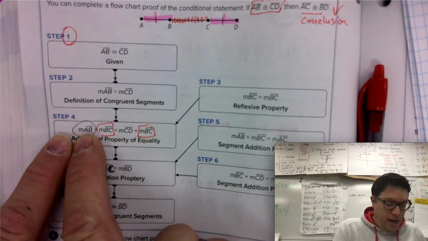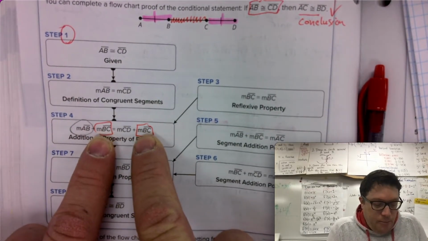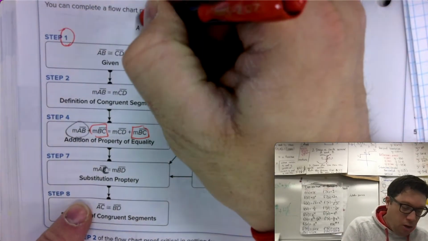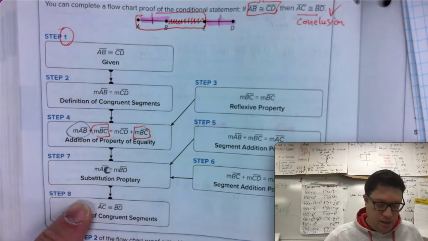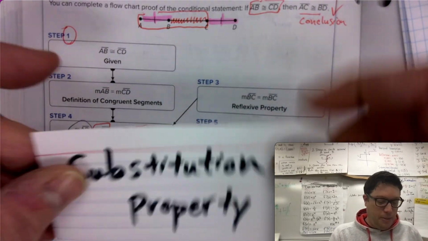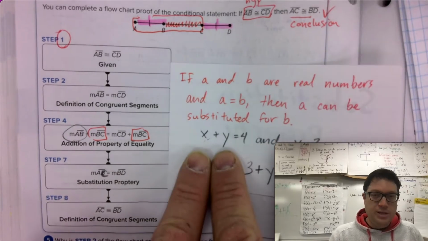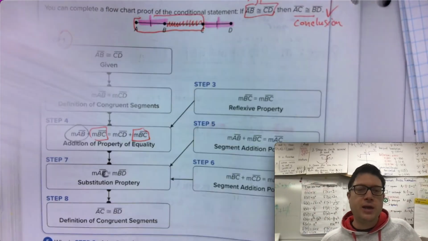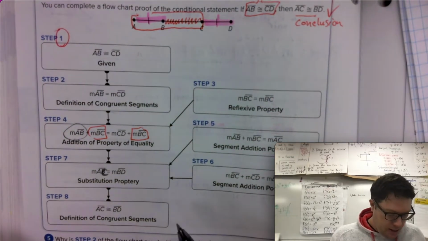If both of these are the same, BC is added to both sides. AB plus BC is actually all of this segment. We're going to use segment addition. Substitution property says, well, if we have this thing and it's equal to that other thing, we can just collapse them together. And so that's what's happening.